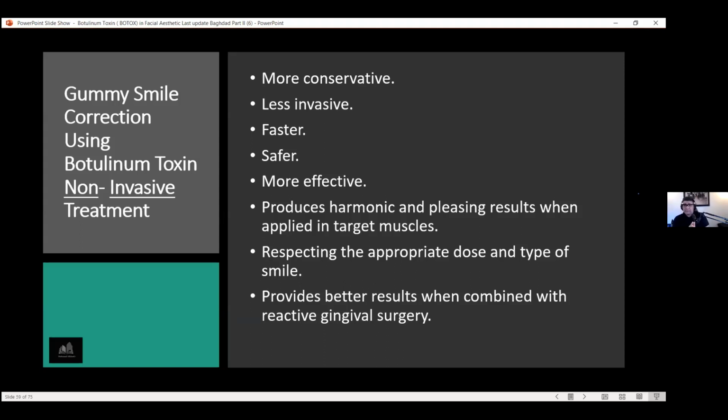Plus, it's going to help you if your patient is not satisfied with some kind of surgery. Post-operatively, you're going to manage things with non-invasive botulinum toxins.